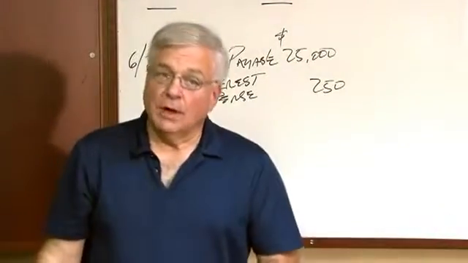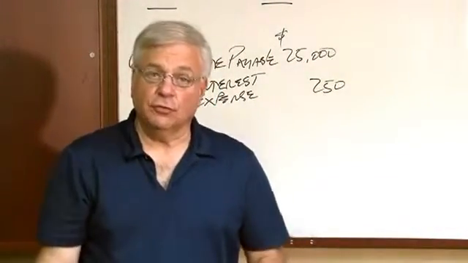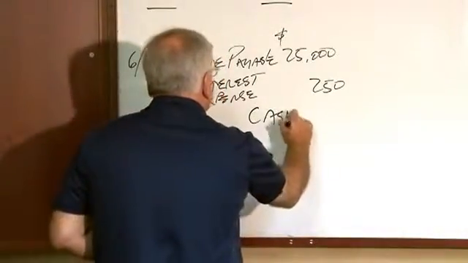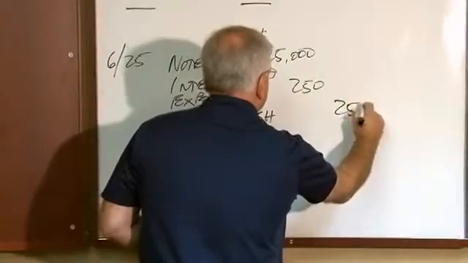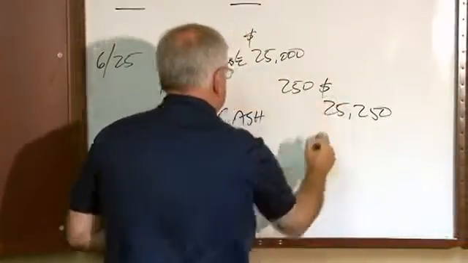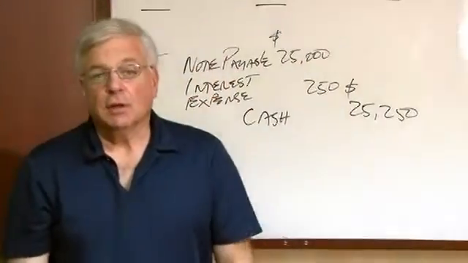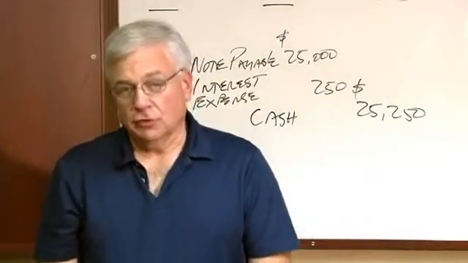Then the amount of the money we have to pay to the lending institution will be the total of both of those. Cash will be credited $25,250. And that represents a recording of an installment note with interest.